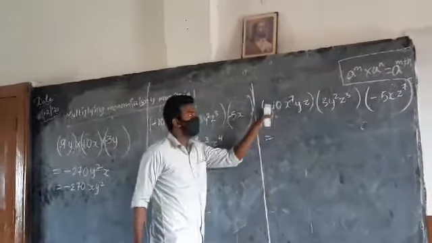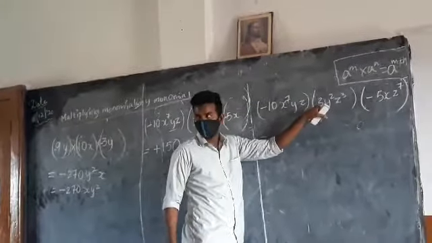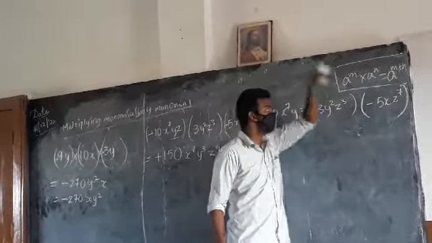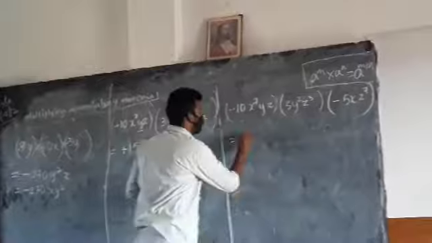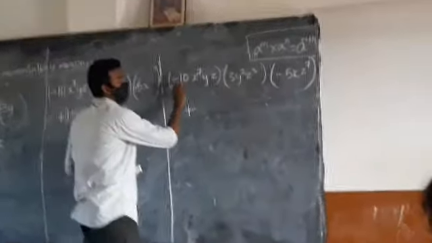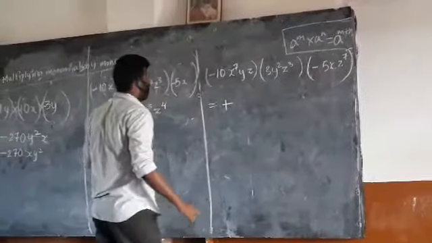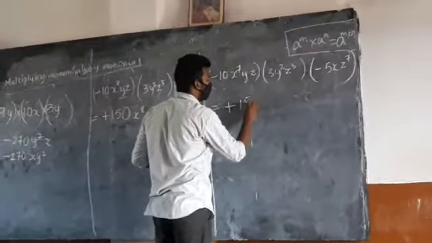Plus. Minus into plus, minus. Minus into minus, plus. Very good. Now, 10 into 3, 30. 30 into 5, 150. Very good.